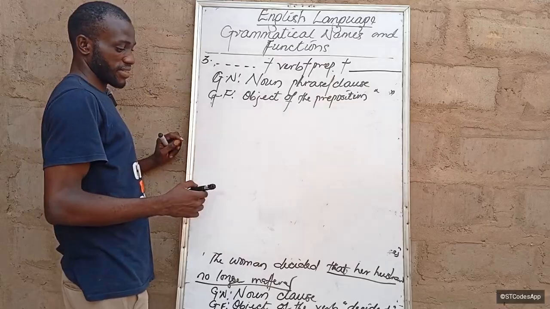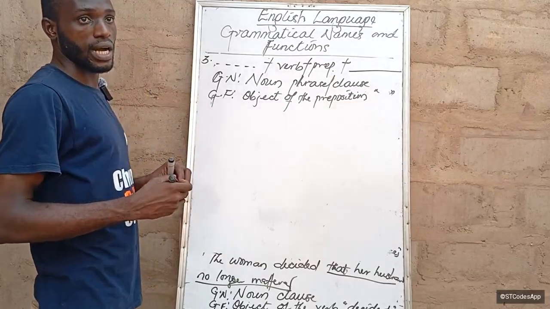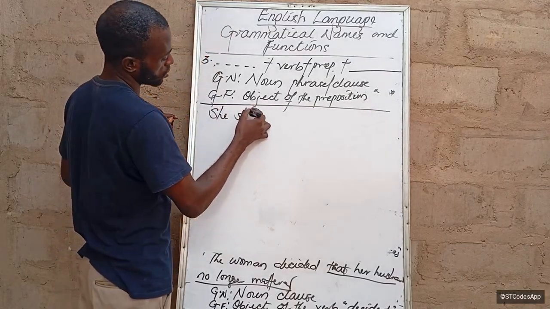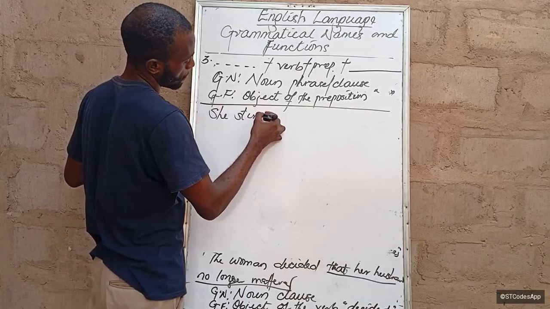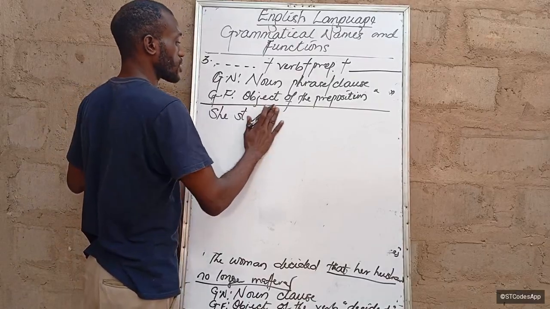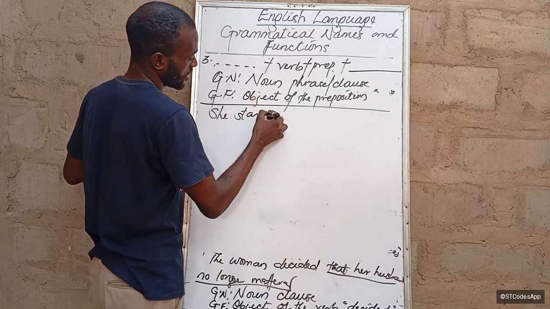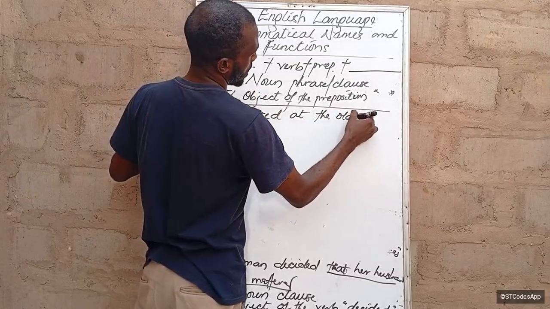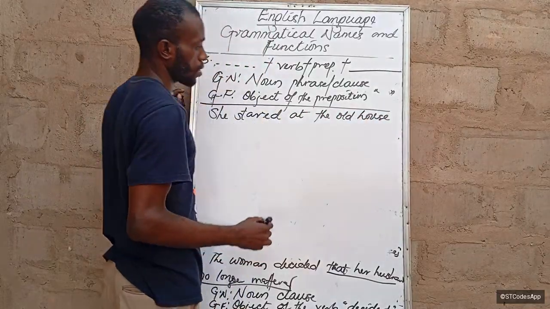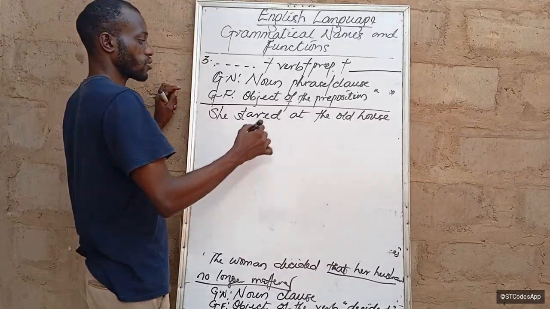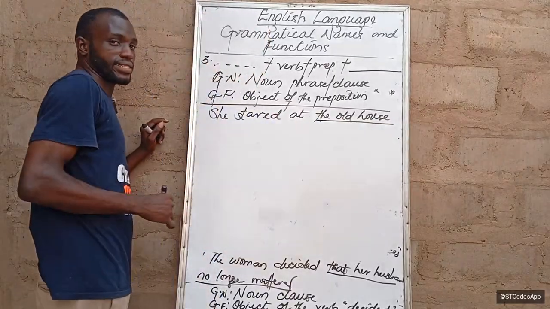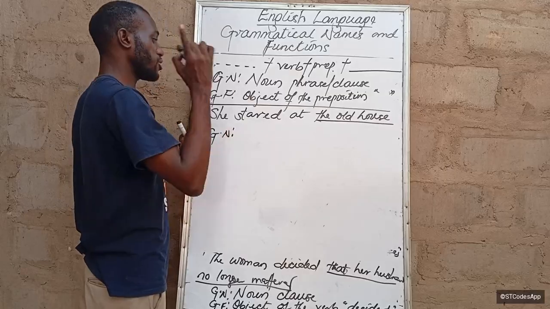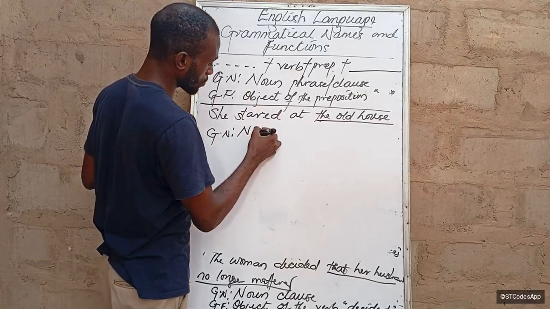Now, I've given an example of that before. She stared, I meant stare, sorry. She stared at the old house. So, the old house is underlined. In this case, your grammatical name is going to be a noun.